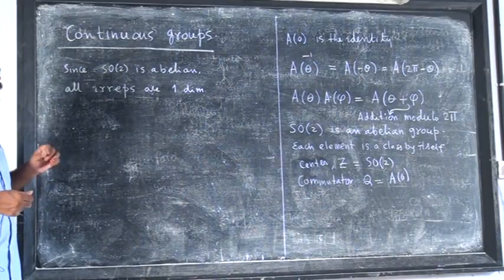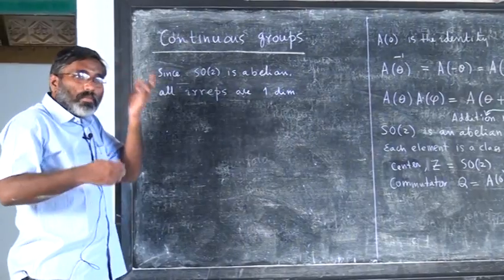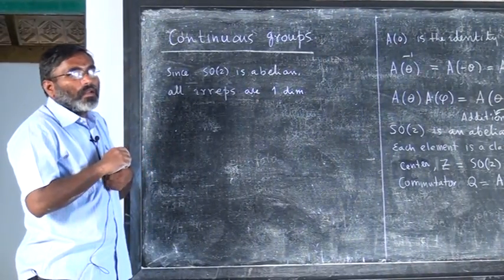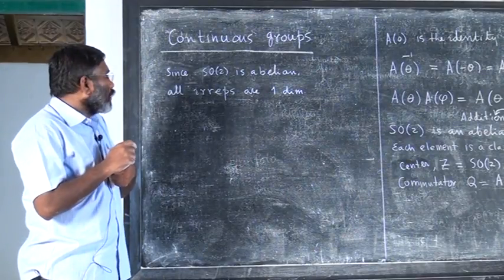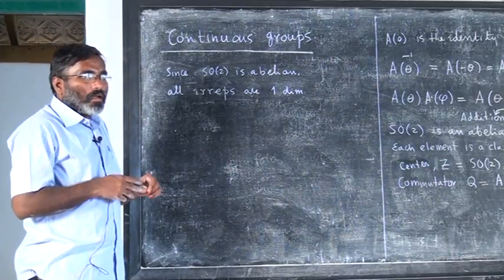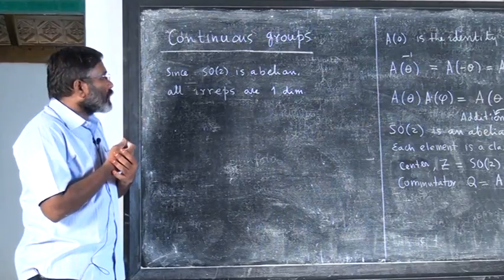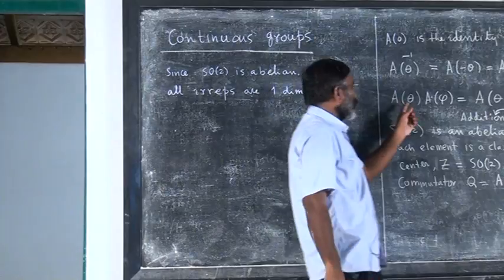Now, one-dimensional means they are actually some numbers, some complex numbers in general. So, what kind of complex number should I choose? If I choose a complex number for a particular representation, then their group multiplication should have this property.